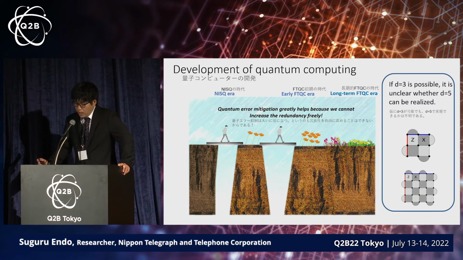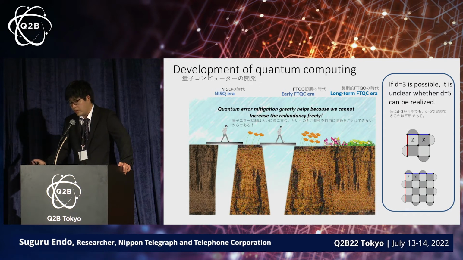For example, if code distance 3 is possible, it is quite unclear whether code distance 5 can be realized, because scaling up a quantum computer is a very difficult task.